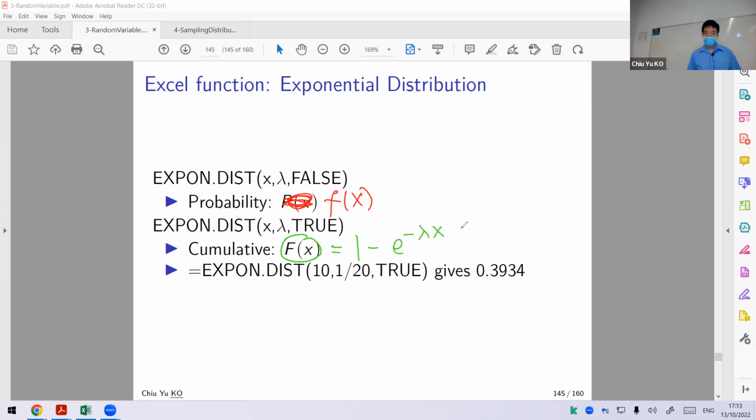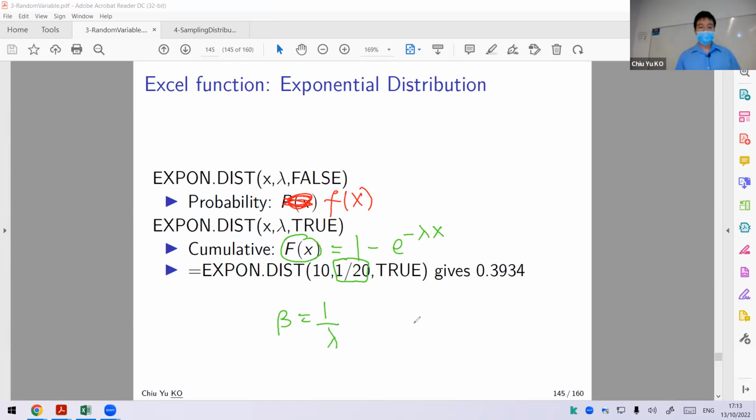But there's a slight issue about the Excel and the notation. Actually, they use the beta version, which is 1 over lambda. That means you have to input 1 over lambda as their parameter.